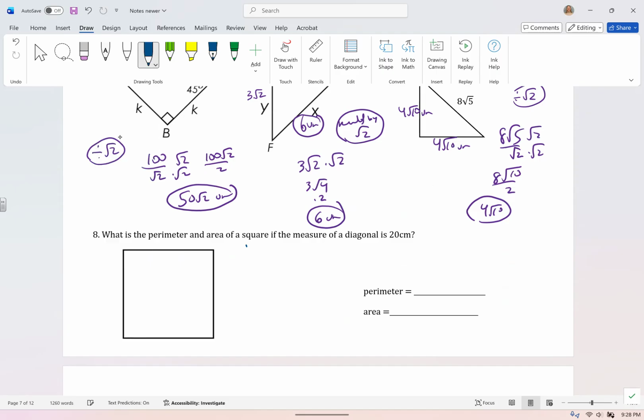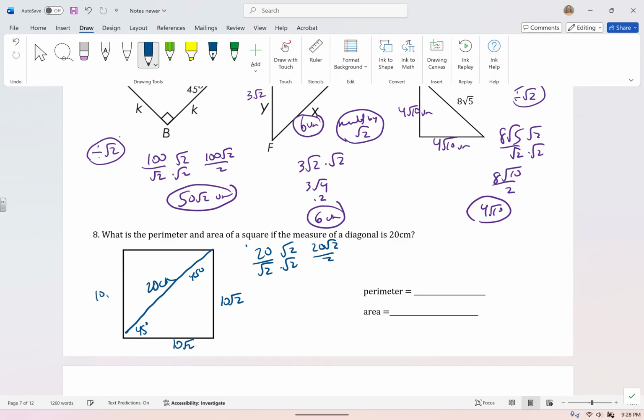Given the diagonal is 20 centimeters of a square, tell me the perimeter and area. Well, if it's a square and it's a diagonal, these are both 45. So we're going to divide by root 2 to make it smaller, and we're going to rationalize it. You get 20 root 2 over 2, or 10 root 2.